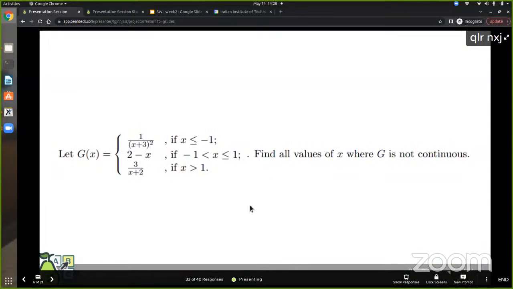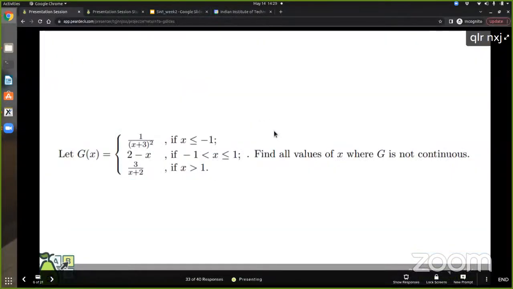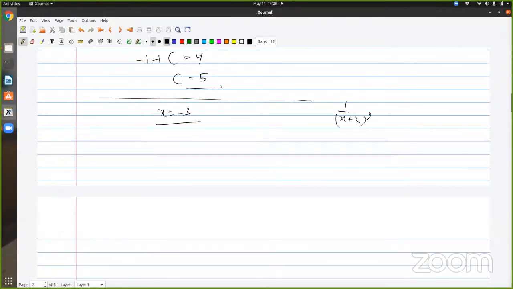Anyway, as I said, we will check for 4 points: -1, 1, -3, -2. So I'll quickly do it for those who could not do it. Let's check at x is equal to -3. Let me note this down quickly.